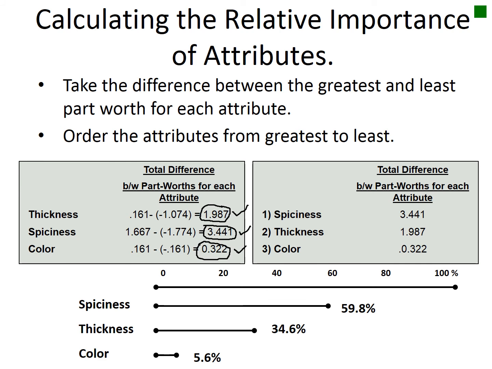So again, I can make the best colorful salsa in the world, but if it's not the right thickness or spiciness, it ain't gonna sell, because that one attribute, while we think it is important to the customer, in the end, it really isn't that important to the customer. And we can see that it only represents 5.6% of the preference that would be had in salsa categories.